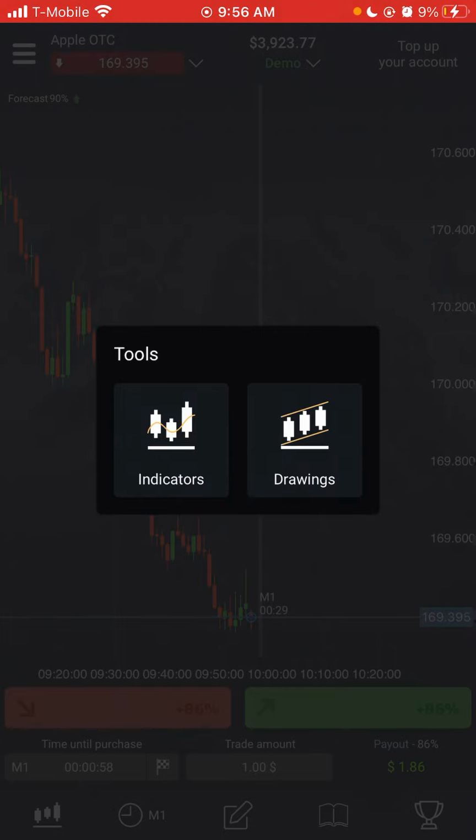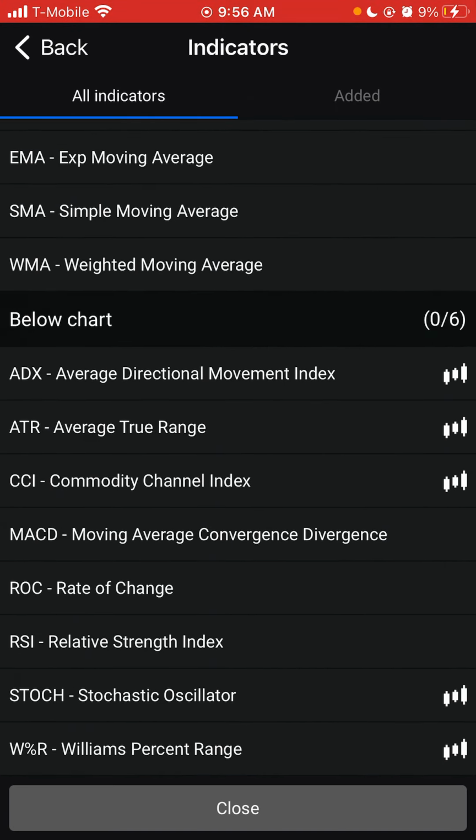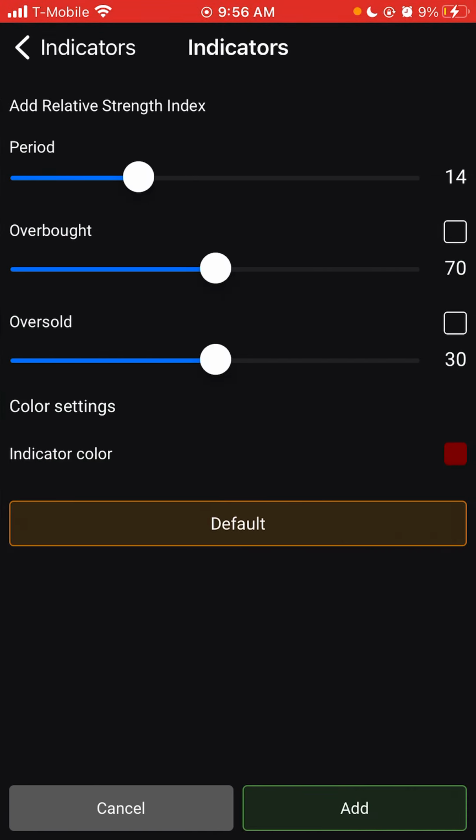So I just hit the button on the bottom in the middle, and we're going to go ahead and add the indicators. So I'm going to add the RSI. You can keep it at a 14 period, but I've done it as low as a 5 period. All right, so we're going to work with that.